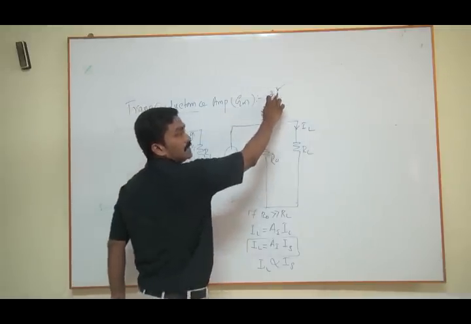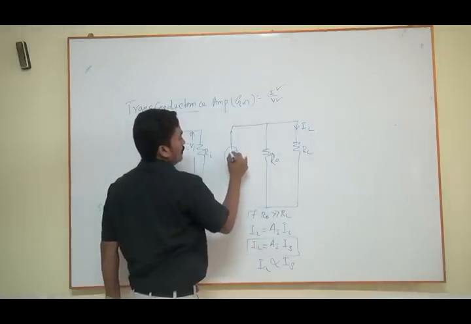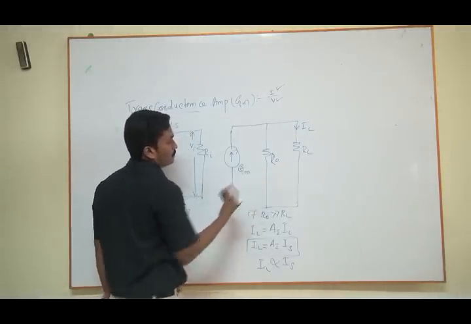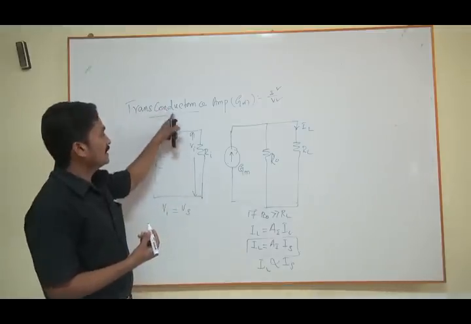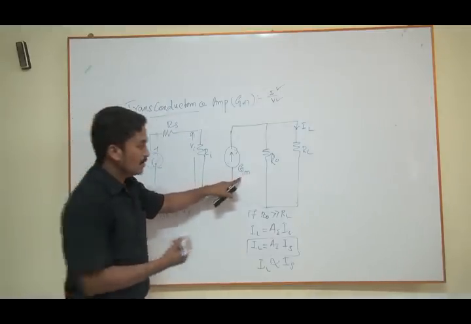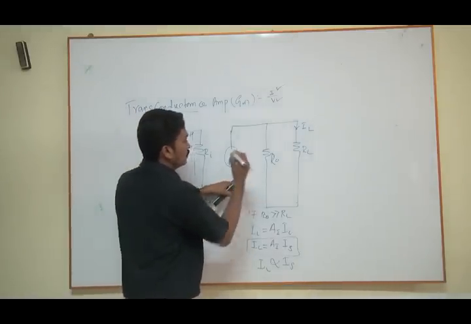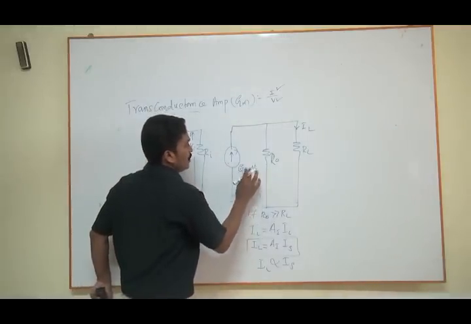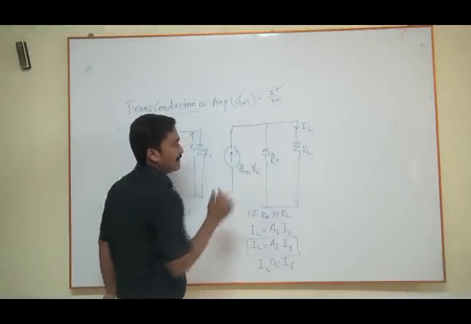The output side is current, so you should have a current source, but the term for a transconductance is Gm into Vi, or simply Gm Vi.